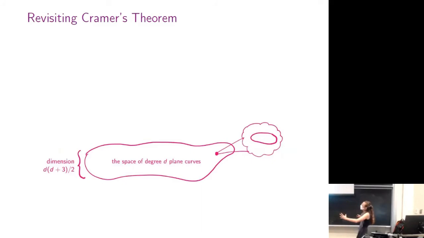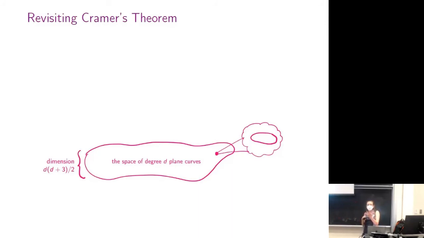I could form a parameter space for degree D plane curves. What does that mean? It means I have some sort of space, and the points of this space correspond to the possible degree D plane curves. As I move around in this parameter space, I get different degree D plane curves. And what is this parameter space? It's basically just the possible coefficients, right? It's like A_D0, blah, blah, blah, all those coefficients I wrote down.